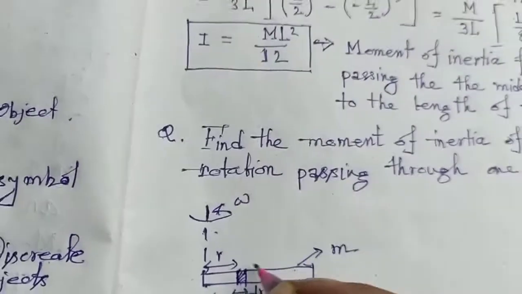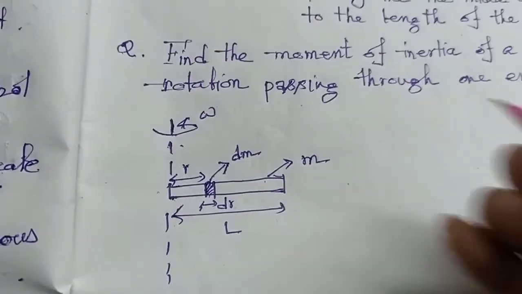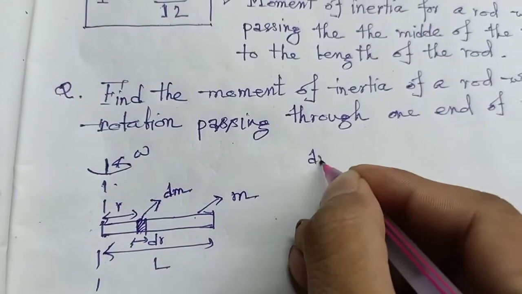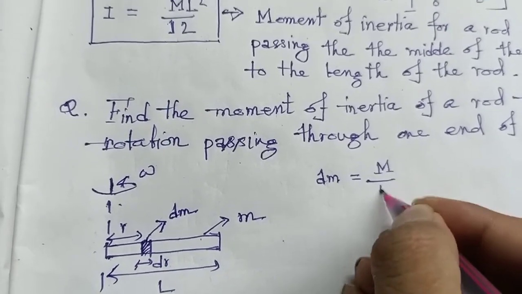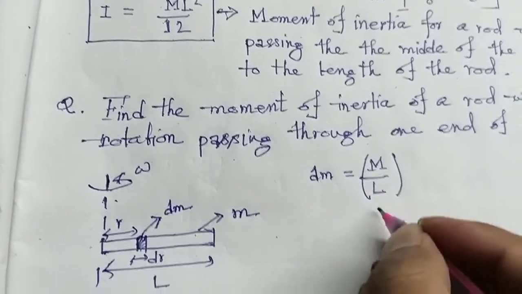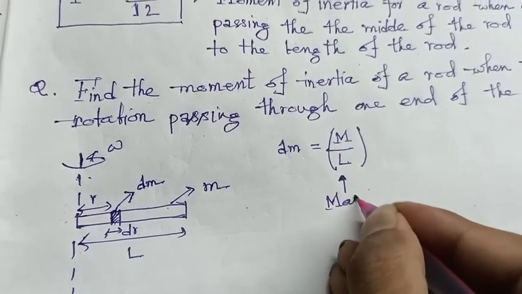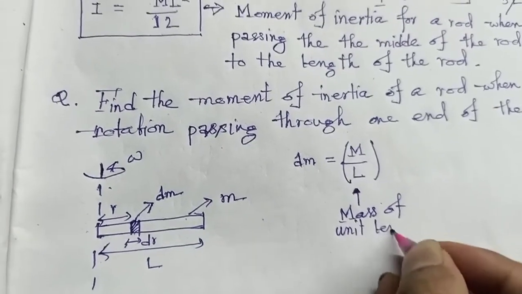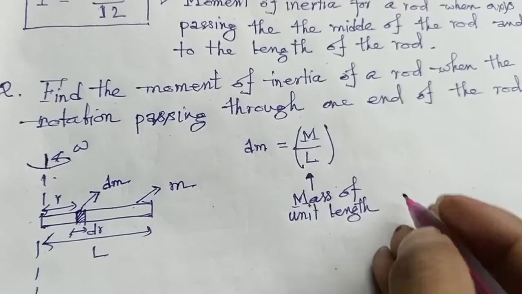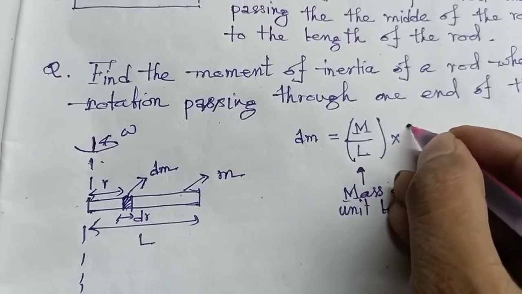Now, the mass of this small element is dm. So what is dm from the previous method? We know dm equals total mass divided by total length, that is the mass of unit length, multiplied by the length of a small element.